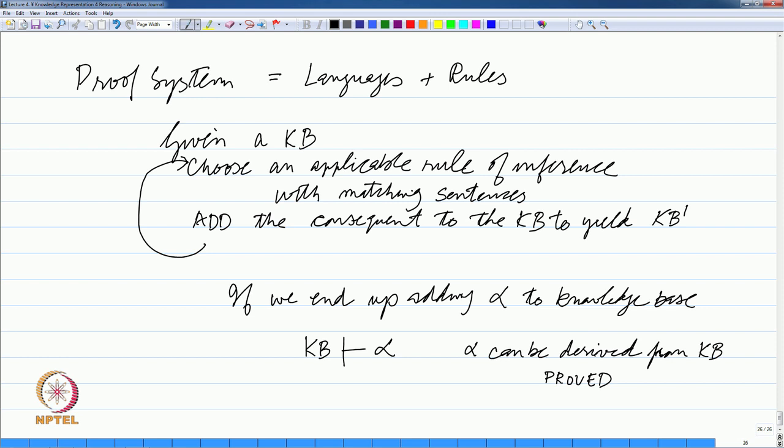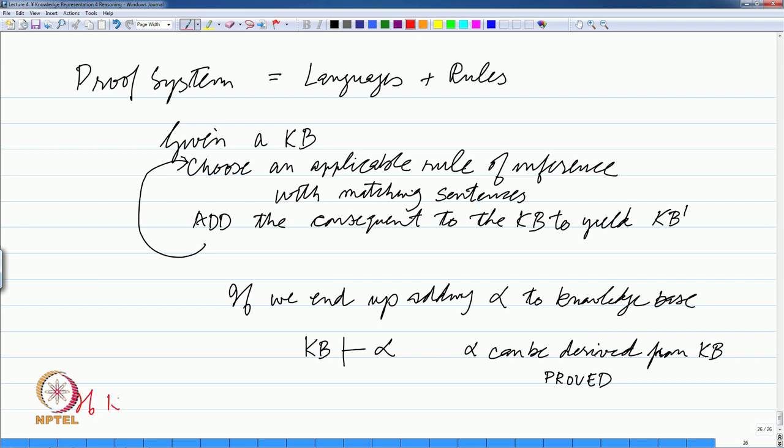We have already seen a notion earlier when we said that given a knowledge base, what else is true, we can determine using the truth table. So, let me use a different color here.